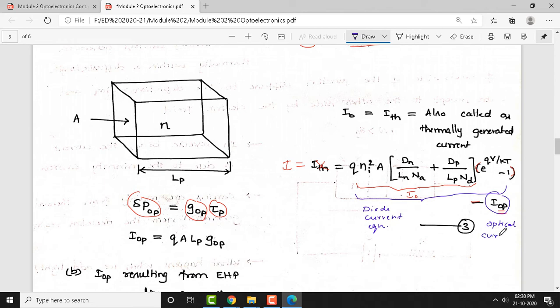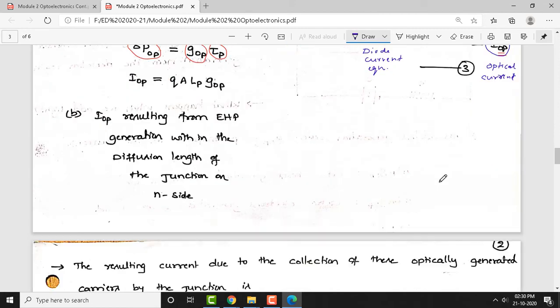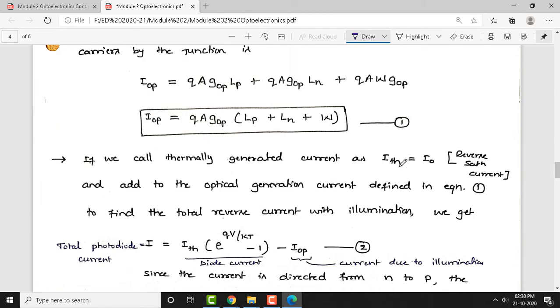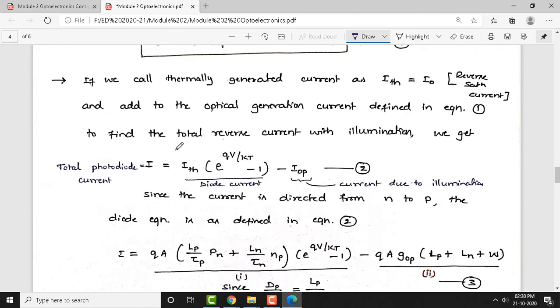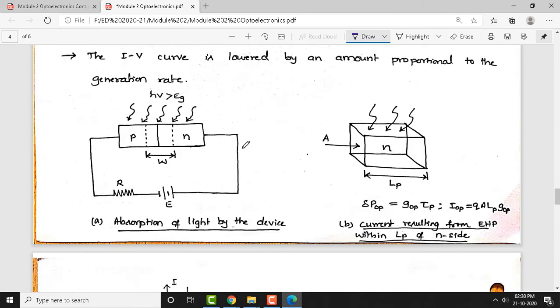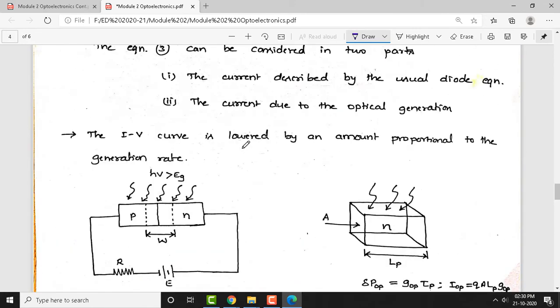So, the total current in the optoelectronic device is given by this equation. Any questions so far? That is what is summarized here. You can see it rewritten here with equation 1 and equation 2 giving the total two currents. Any questions here?